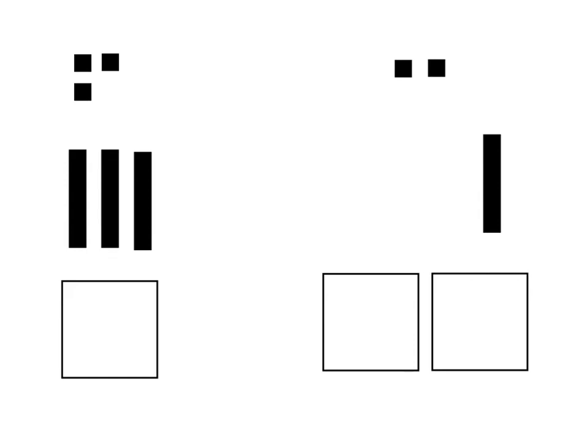So we can combine these 3 unit squares with these 2 unit squares. You could think of it as 3 plus 2 is going to equal 5. Right? And I can see that very clearly. I have 5 unit tiles here. 3 plus 2 equals 5.